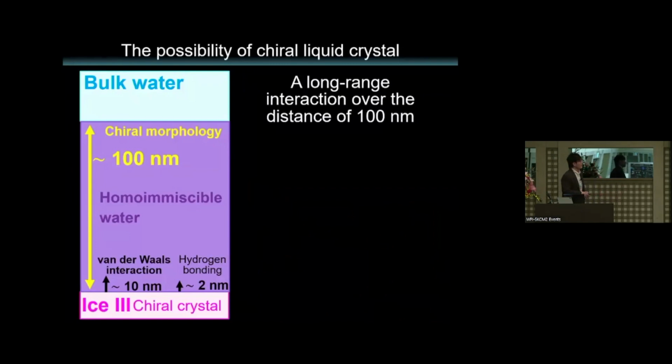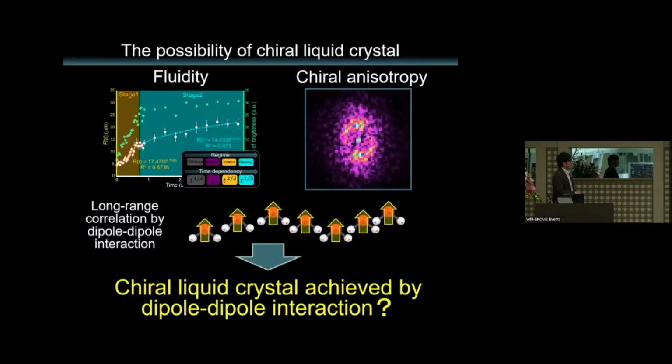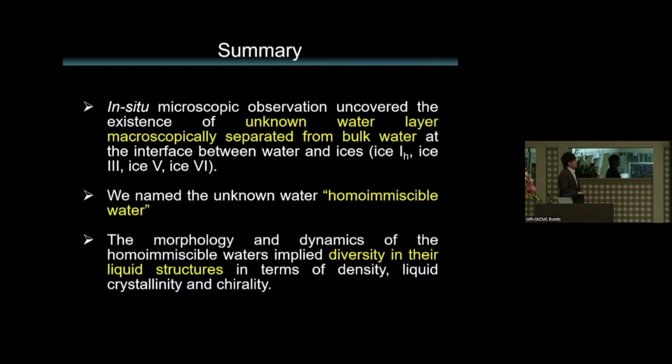So a long-range interaction should be necessary. And I told you that the hyper-Raman scattering showed the long-range correlation over 200 nanometers through the dipole-dipole interaction of the permanent dipole of the water molecules. So this leads us to the conclusion that the homoimmiscible water at the interface between the water and the ice I3 may be a chiral liquid crystal achieved by dipole-dipole interaction.